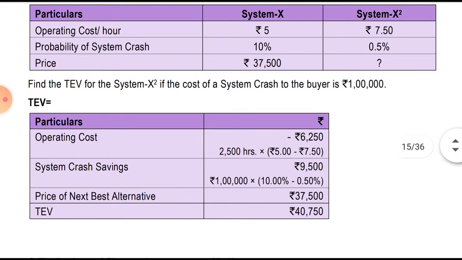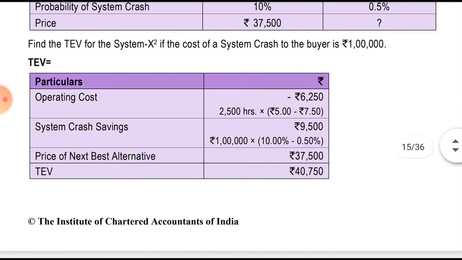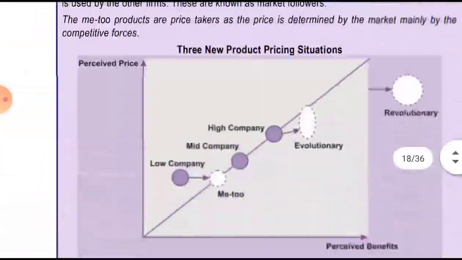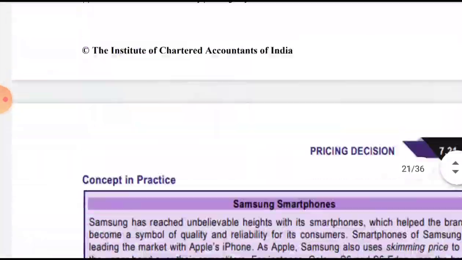So the price of the next best alternative we write as a positive figure, plus 9500 minus 6250, and we get the true economic value as 40,750. By this we are done with this sum also.